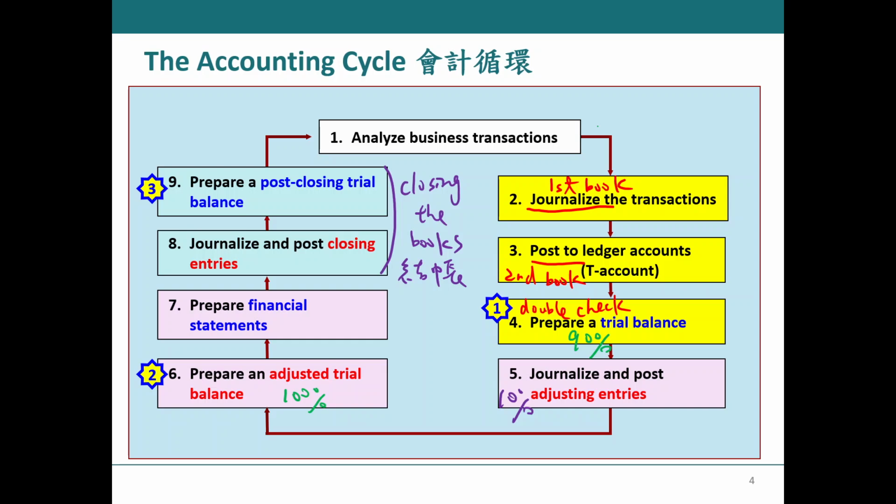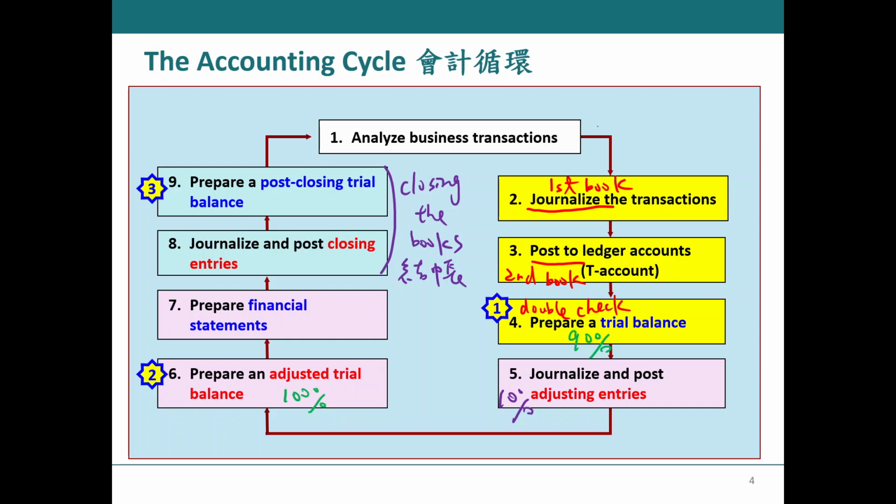Before we go to our last step, closing the book, do you know how often we do the processes so far? Analyze transactions. How often do we analyze the transactions? Every day, right? When a transaction occurs, we have to analyze it and figure out how it affects the company, right? Your company has transactions every day, right?